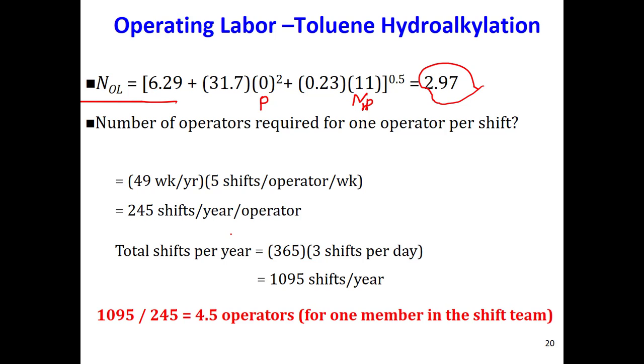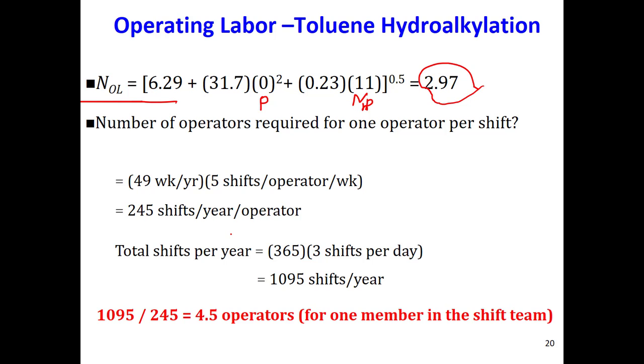Let's say the 3 operators are operators A, B, C in this shift. I need new operators for the other shifts. Let's say I have 3 shifts per day, or 2 shifts per day. Then I have to calculate over a year, let's say 12 months, 4 weeks per month, and 5 working days per week. How many total operators do I need?